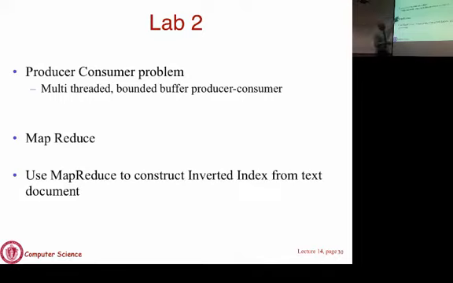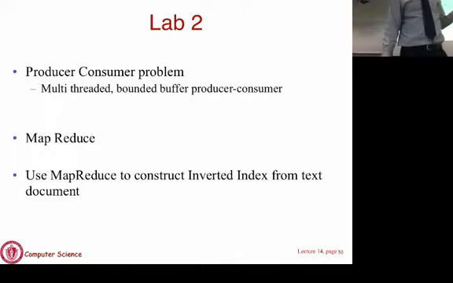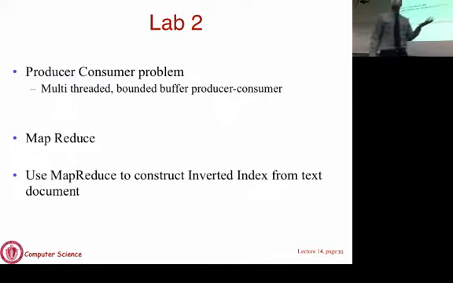And the problem we are going to solve with producer-consumer is this thing called MapReduce. It's a data processing framework that is used to analyze lots of data. So we are going to implement a toy version of MapReduce in this problem. The problem is as follows. First I'll describe the problem in the abstract and then we'll look at the producer-consumer version.